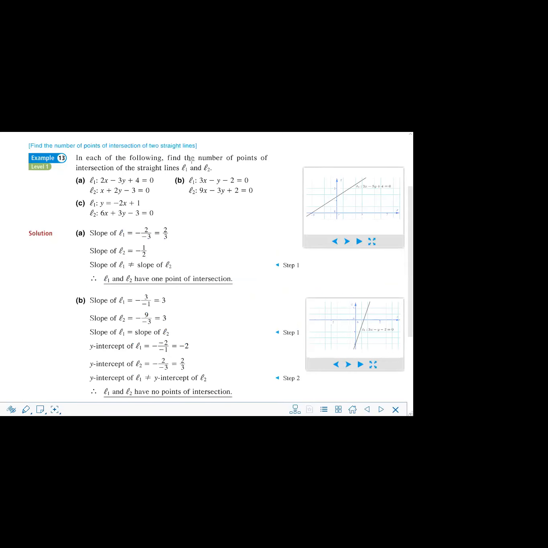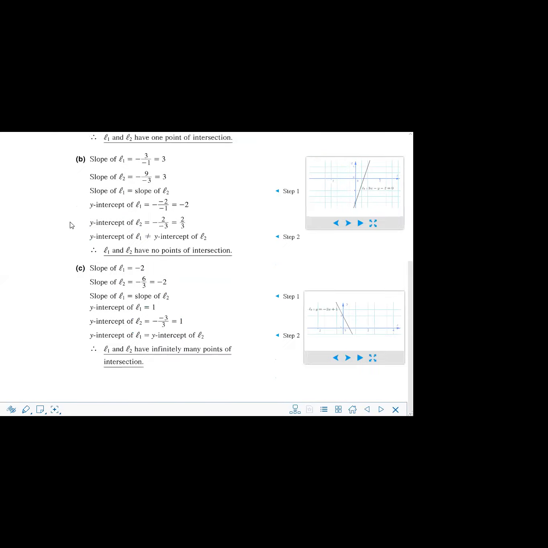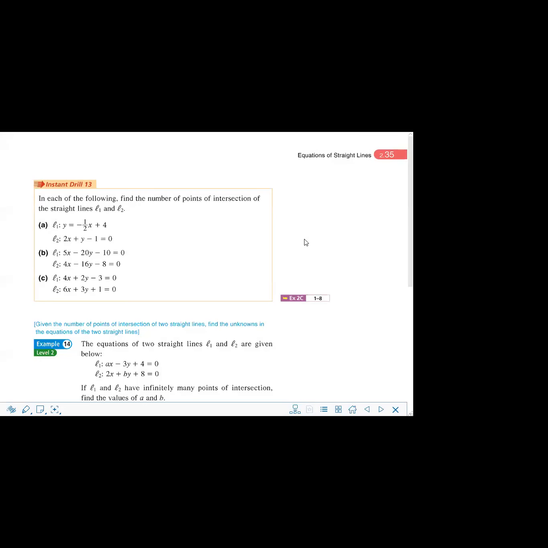So let's go to the instant drill. Instant drill number 13. I have already typed it in the Math app. So please log into the Math app for today's classwork. I give you 3 minutes to do this.